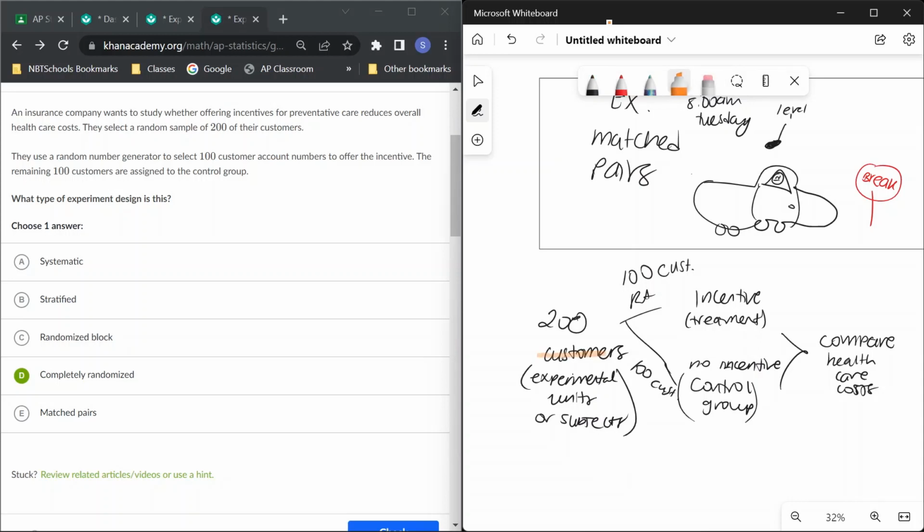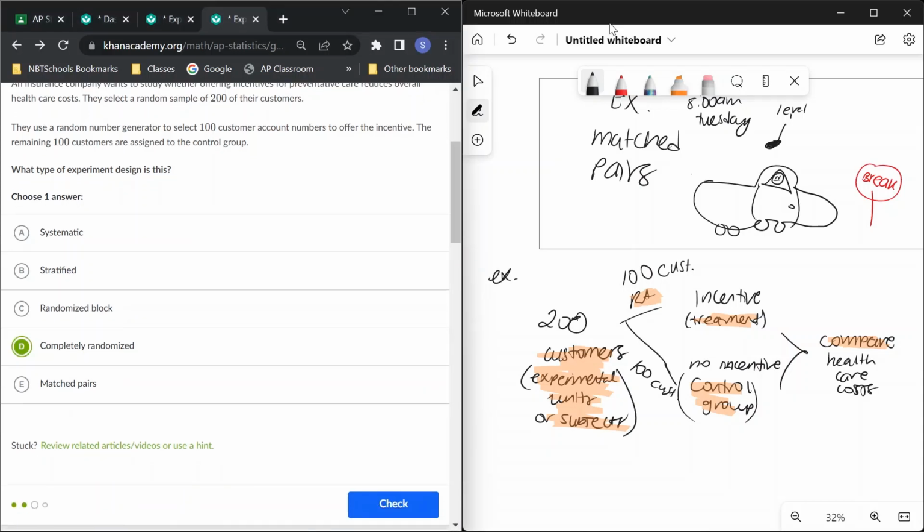So here are your statistics. Well, not parameters. Do not use that word, parameters means so much. It's statistics. Control group, treatment, compare. It's kind of your template. Randomly assign. Okay, perfect. And this is an example of a completely randomized design.